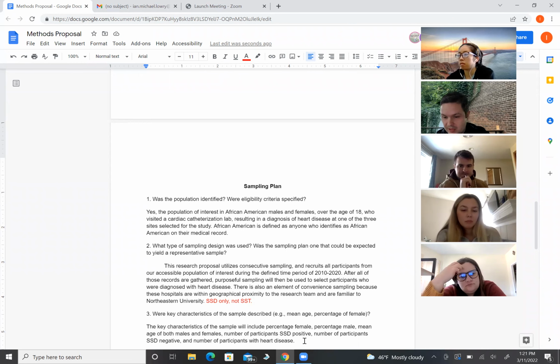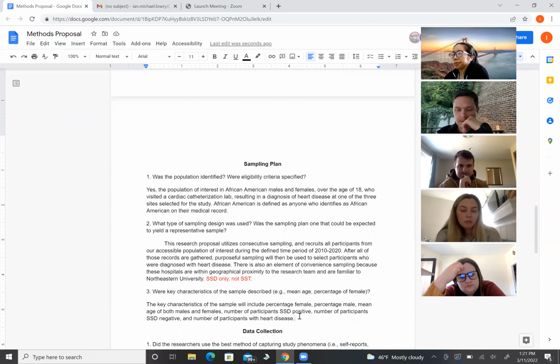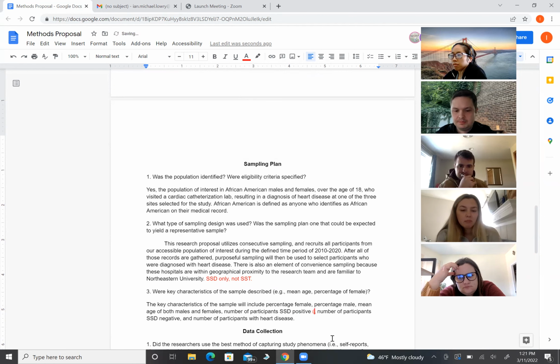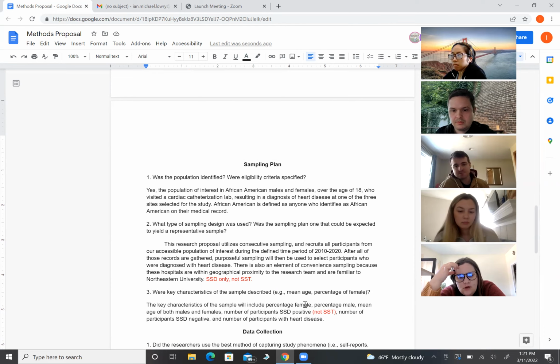Are there any more variables that we want to look at or that we missed? I'm just going to emphasize again that we're not looking at sickle cell trait here. Yeah, I think that's good. Yeah, that seems good.